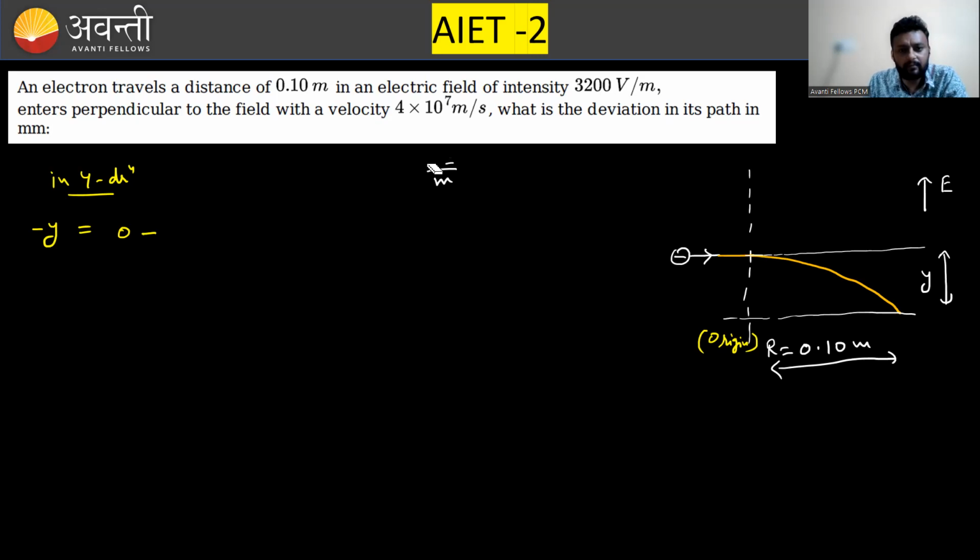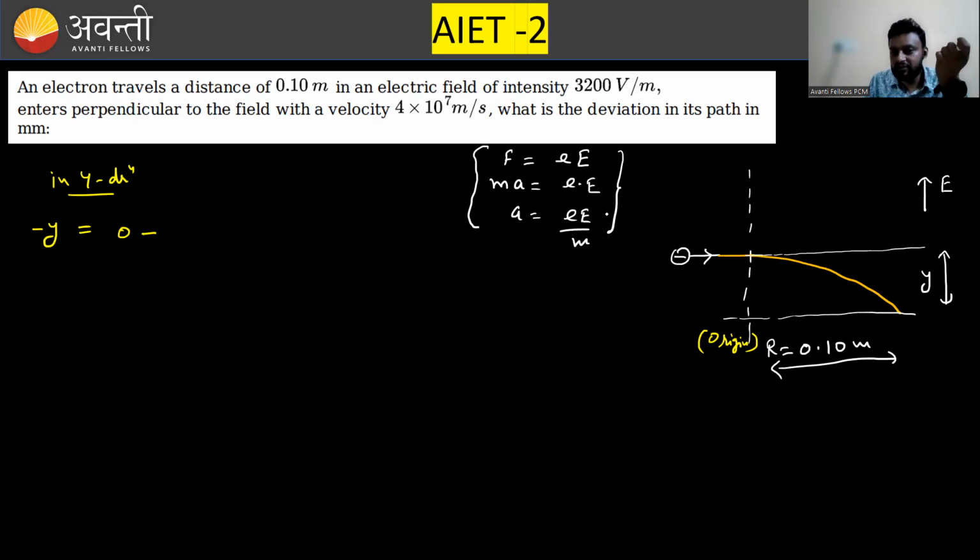Nobody knows how it came. I will explain it. So I am making a box here again to explain the acceleration. The force on the electron will be Q into E. Charge is e. Electric field is E. Clear? This is the force. Force you can write as m into a is equal to e into E. So acceleration is what? eE divided by m.